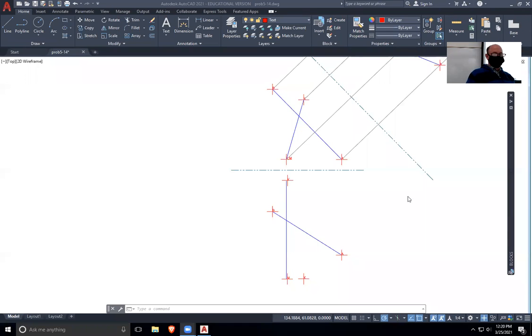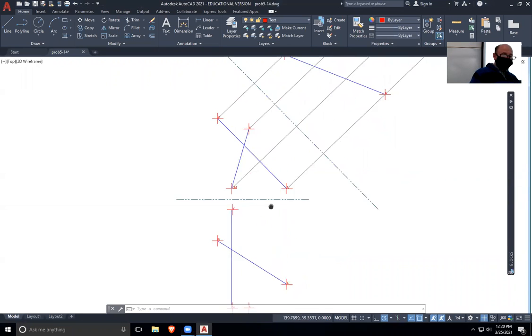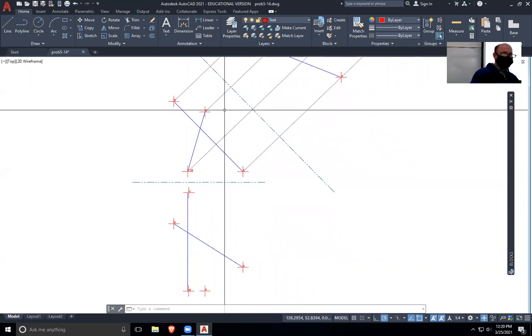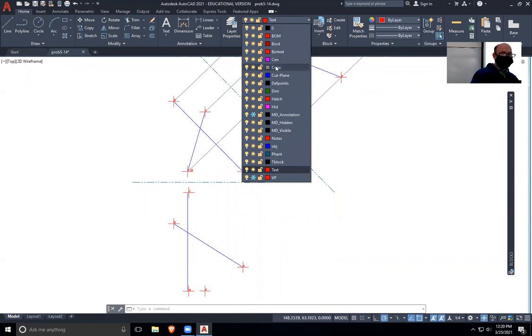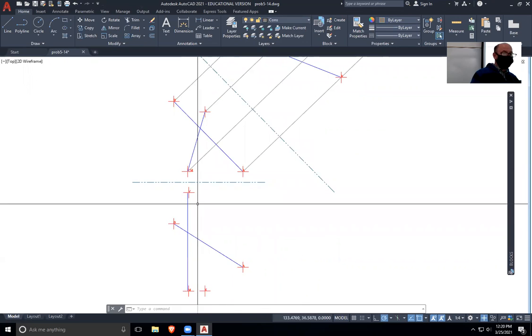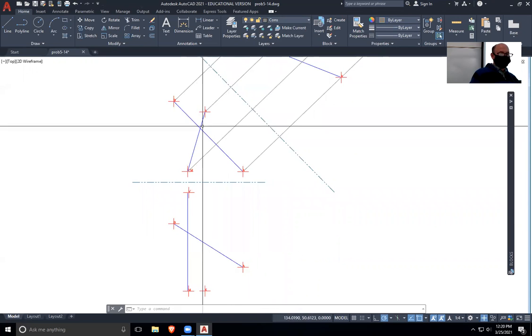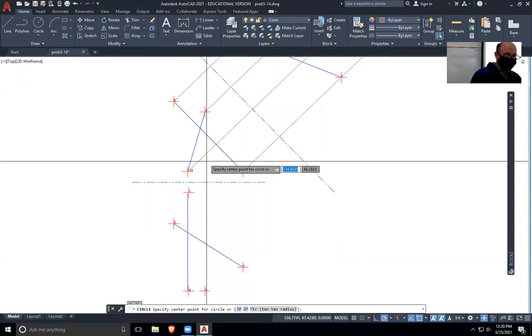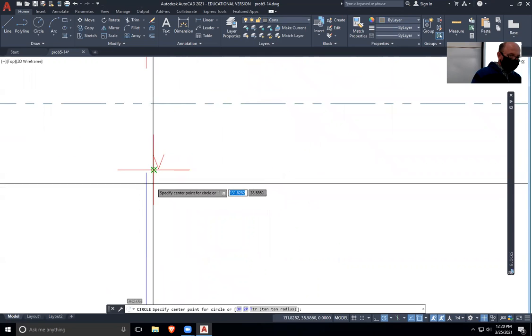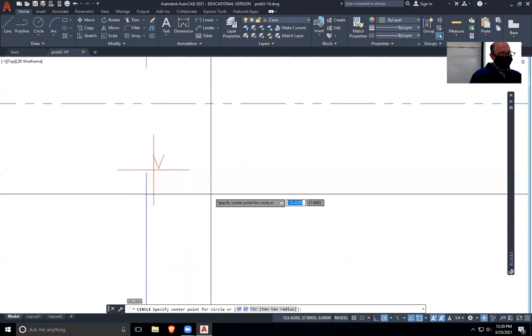Okay, so in here we're copying the distance from the front view to the other adjacent view, to the horizontal plane. So start with the here. Oh, yeah, that's great.